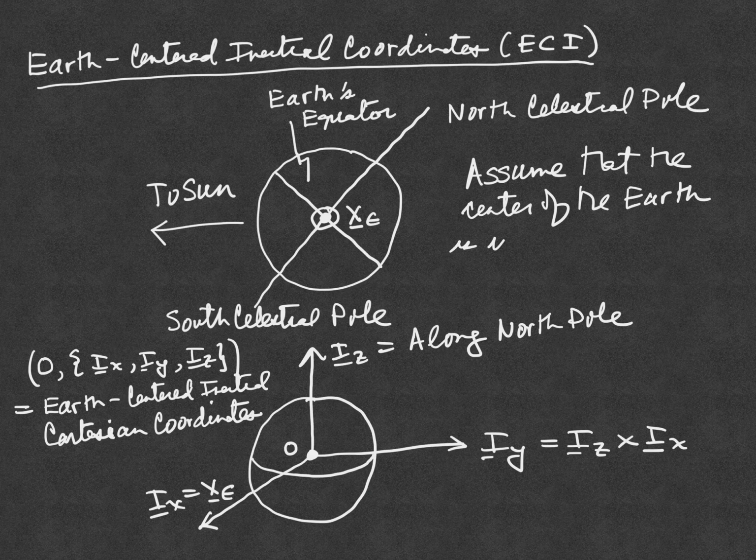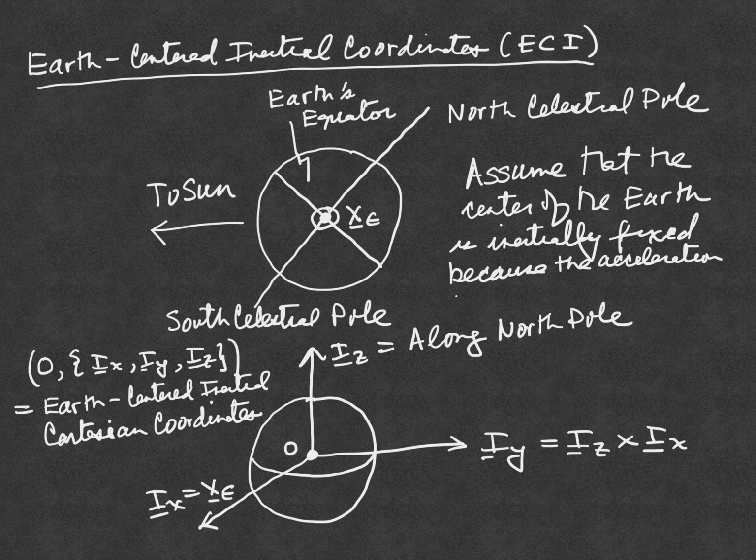It's not inertially fixed, but we're going to assume it's inertially fixed. And that's because the Earth moves very slowly. Because the acceleration of the Earth is small, and since it's small, we're just going to neglect it. That's basically what we're going to do.